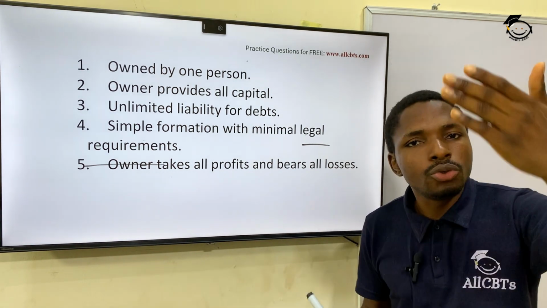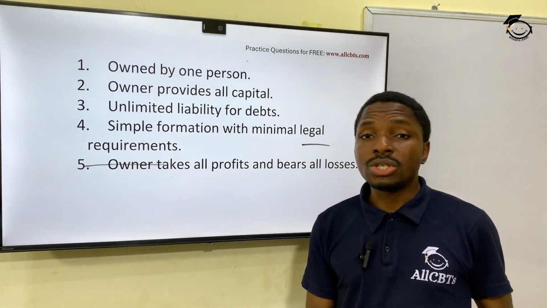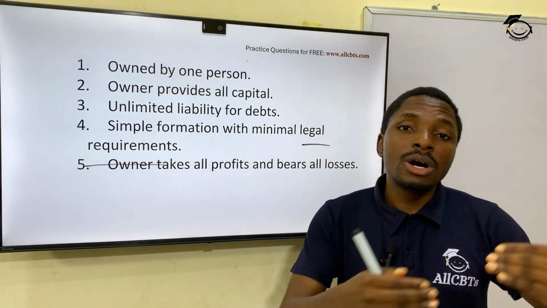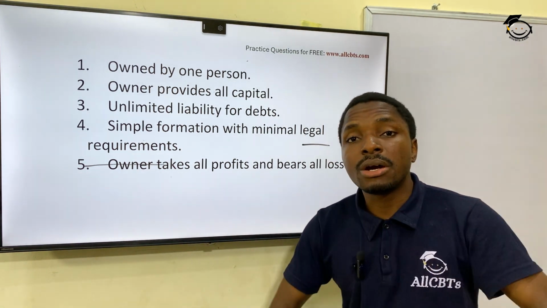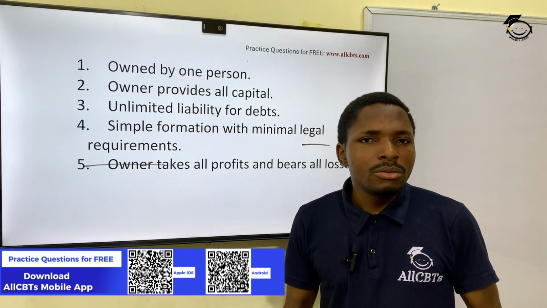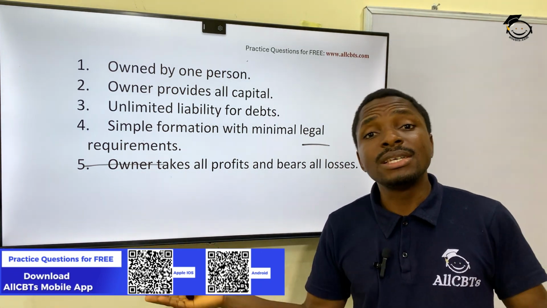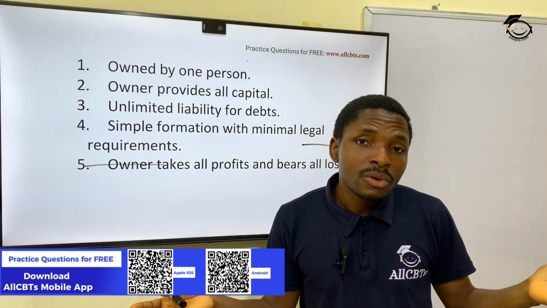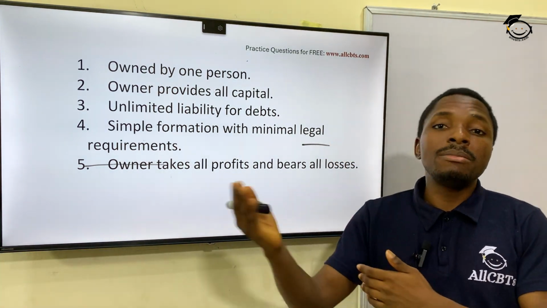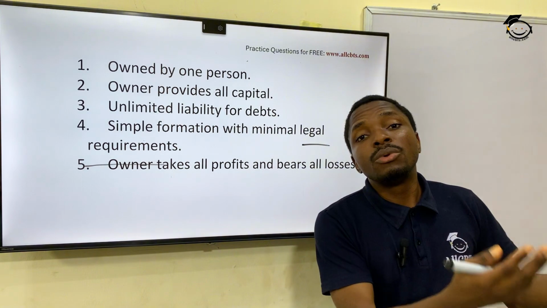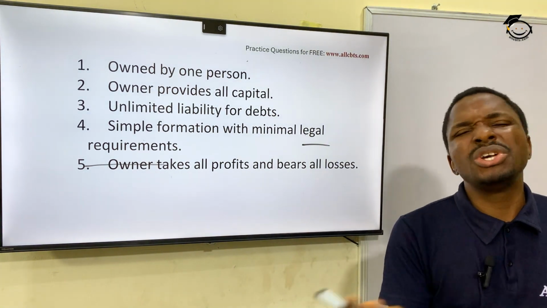For example, your parents who run a shop, your dad is a trader, or your mom has a shop. What are the documents she has on that shop? Most of the time, it's only a CAC certificate. Then if it's probably a medical institution, she might need 1 or 2 licenses, which is just general.